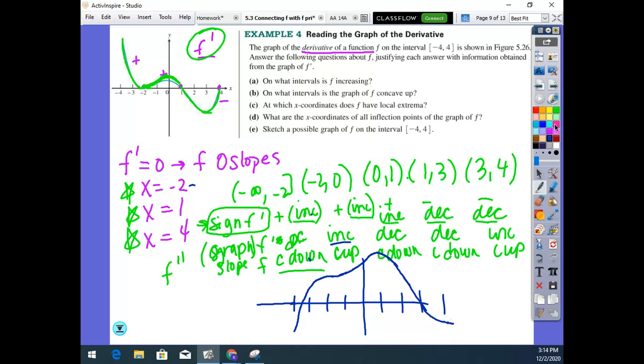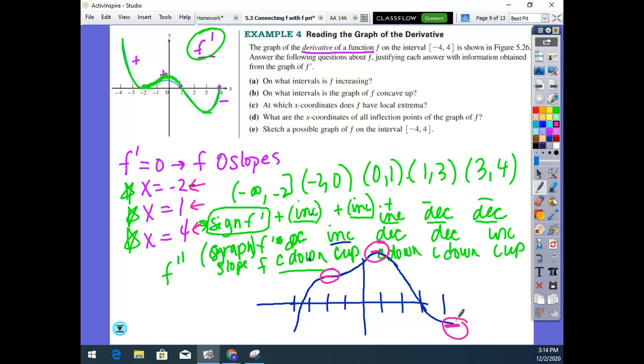What I'm going to look for, did you create zero slopes at -2, 1, and 4? -2 is a zero slope, 1, zero slope, 4, zero slope.